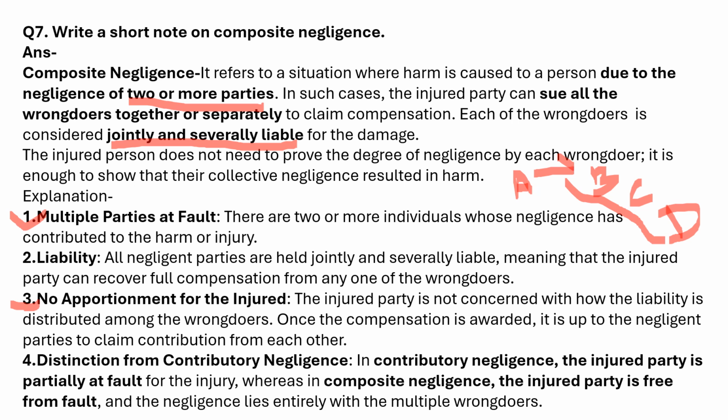B pays the claim to A. B can claim the contribution or proportionately the claimed amount from C and D at a later stage. This is what point number 3 is saying. Hope it is clear now.